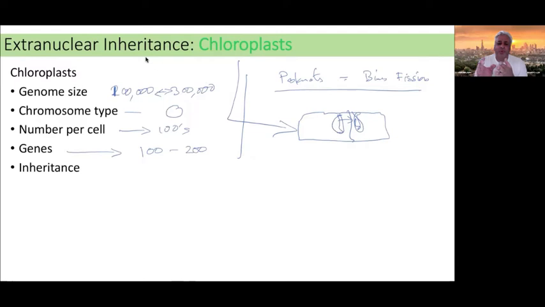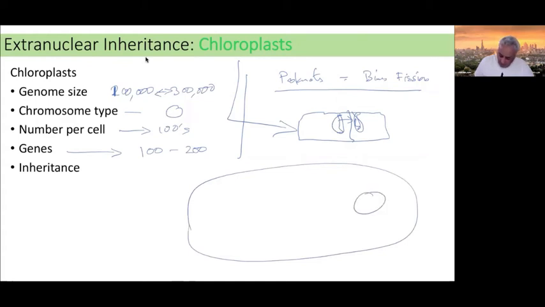When it comes to these organelles, it's all about numbers and where they happen to be by chance within the cytoplasm of a cell. So here's a cell about to divide, a plant cell, for instance, and we get nuclear division through mitosis and meiosis, but the mitochondria or the chloroplasts will just be hanging around inside the cell.